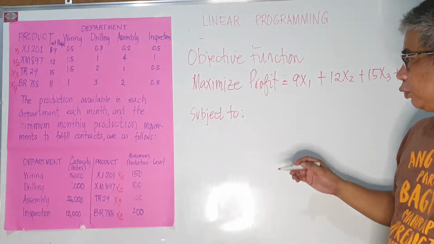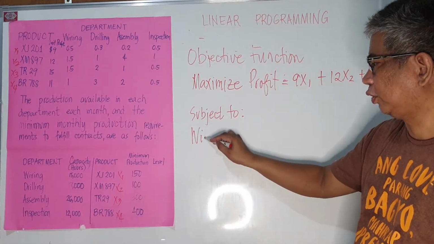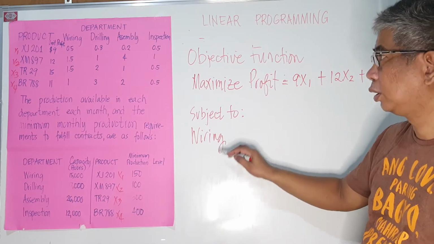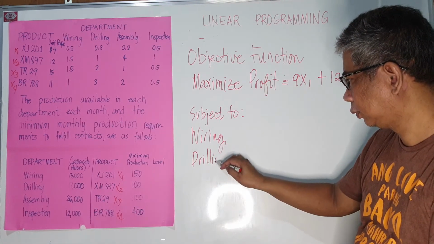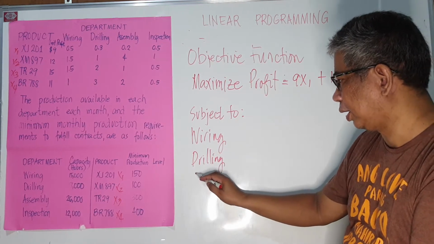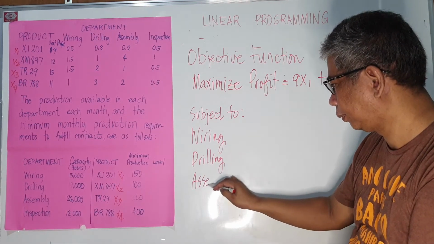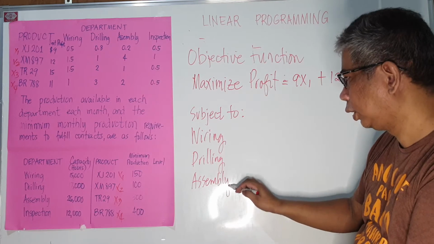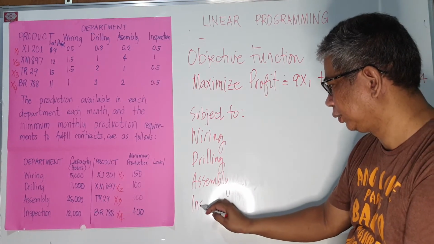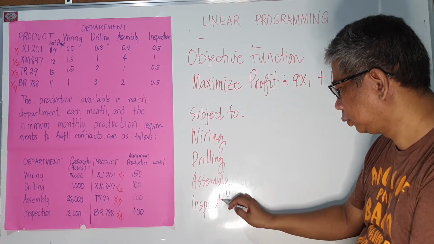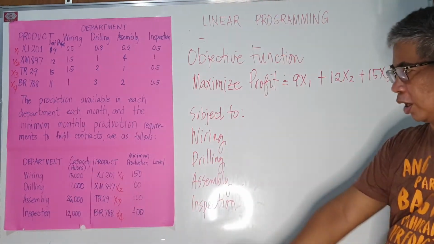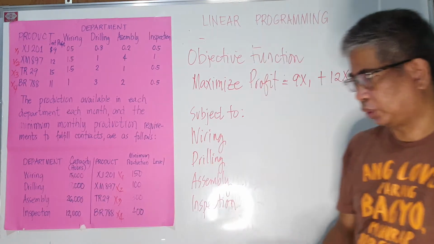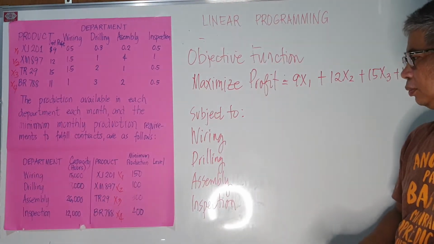Now, subject to what? So, wiring, ito yung mga constraints. What else? Drilling. Tapos, assembly. And then, inspection. Ito yung constraint kasi. Ito lang yung available hours to produce, to process. Okay?